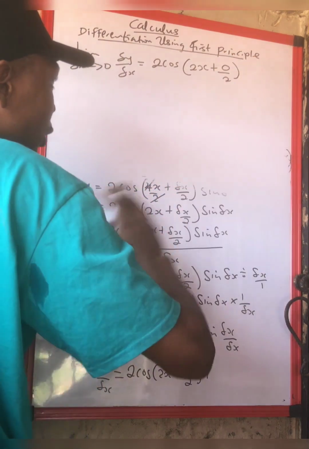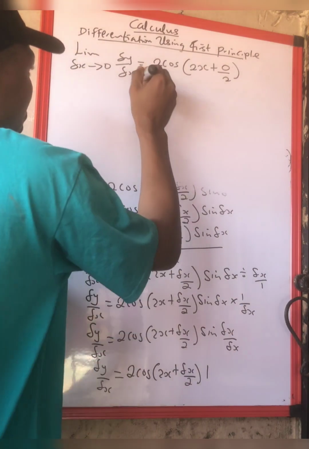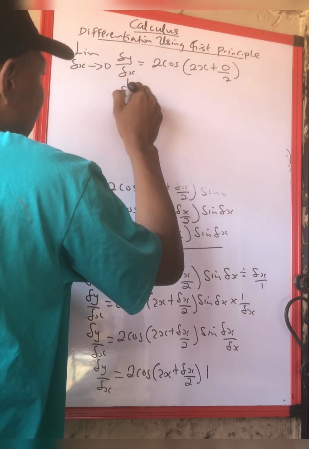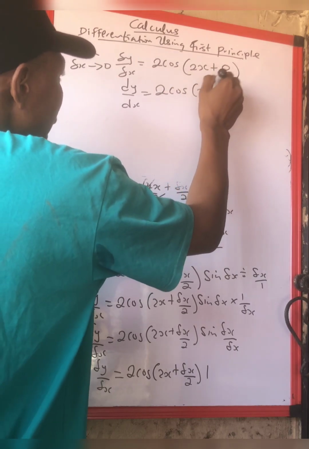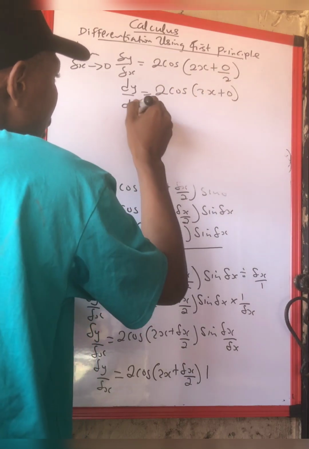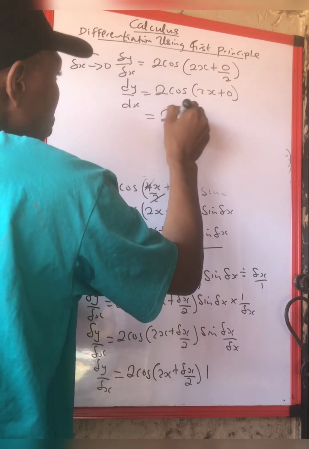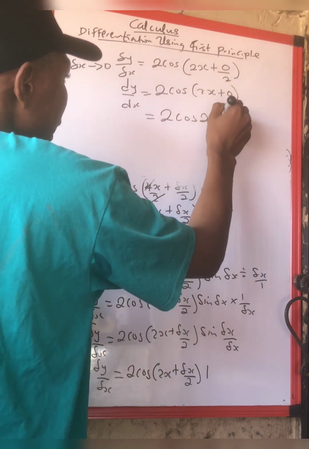Everything here times 1, you still have the same thing. So from there, dy/dx becomes 2 cos 2x plus 0, so our final answer becomes 2 cos 2x.